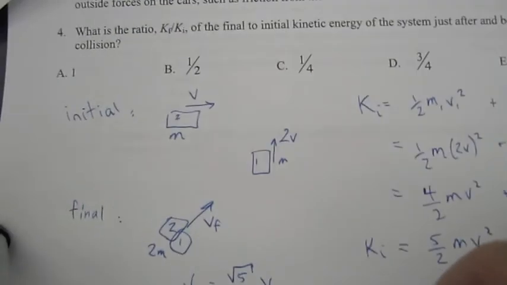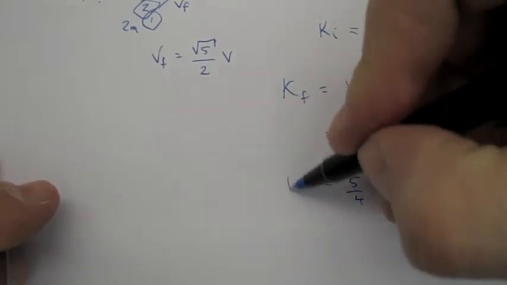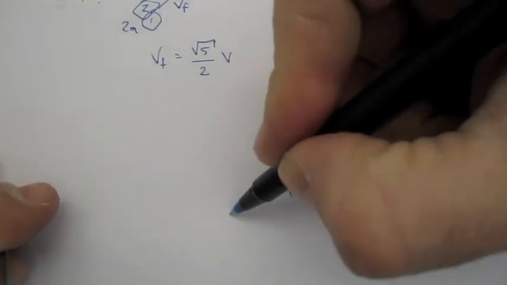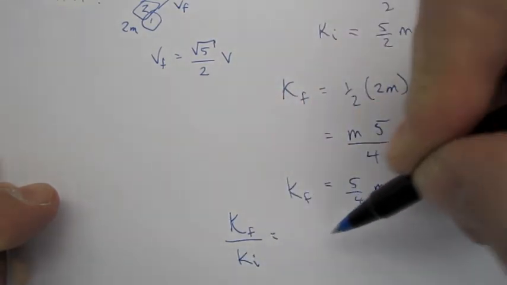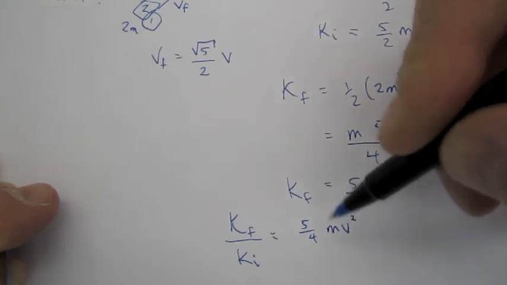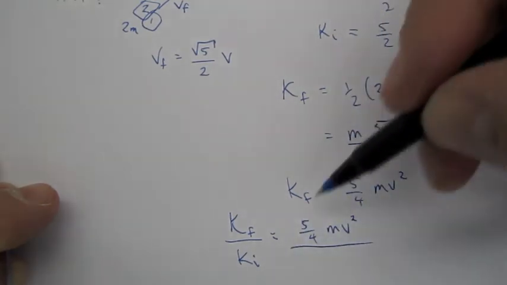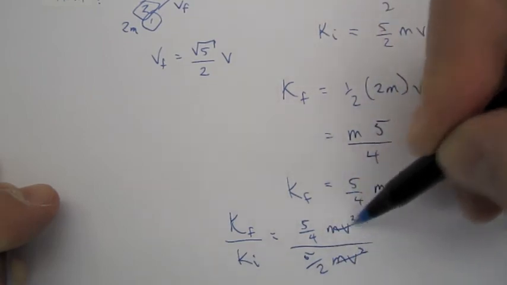And it's asking you for the ratio of kinetic final divided by kinetic initial. So kinetic final divided by kinetic initial is equal to 5/4 m v squared divided by 5/2 m v squared.